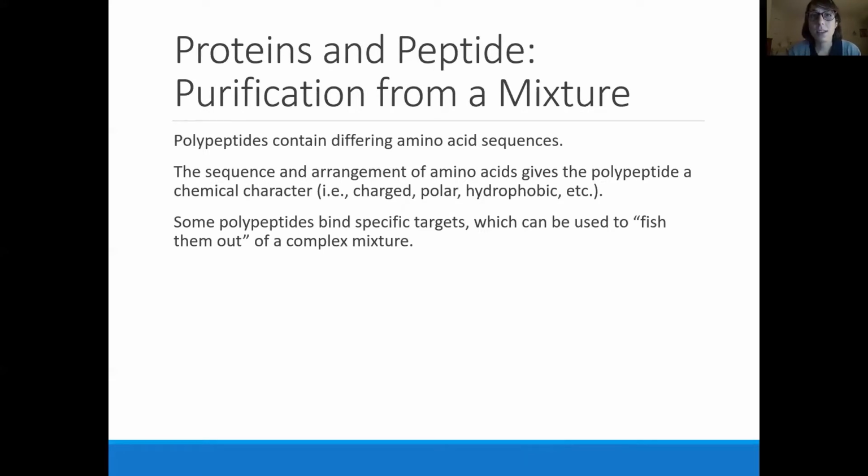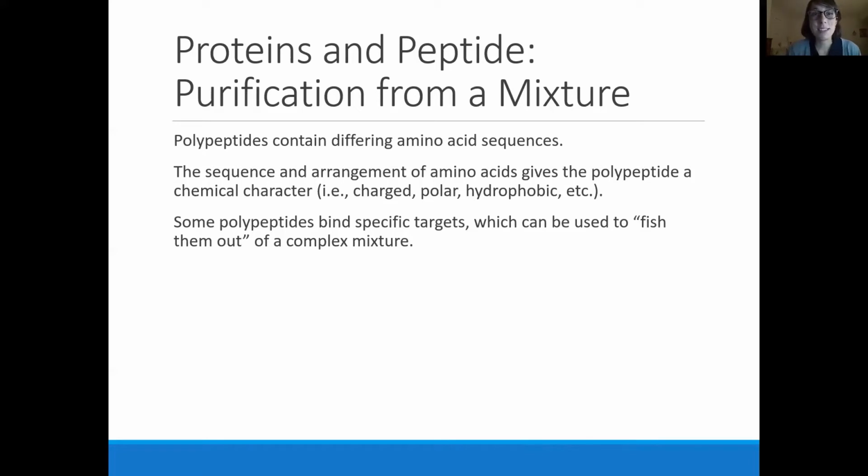To understand these peptides and proteins better, one thing we usually have to do first is separate it out so we can study it uniquely. Now, when you have an organism, it's filled with different peptides and proteins, and they're all mixed together.